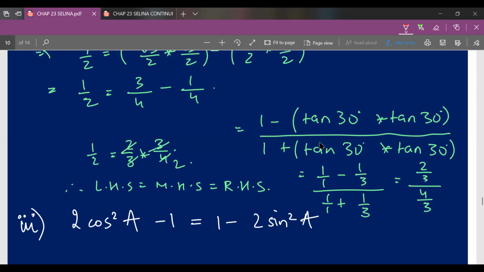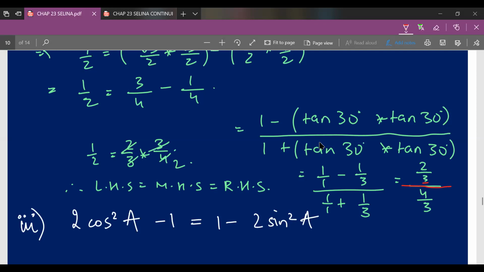So therefore this can be calculated as, the LCM is different, so the LCM will be 3. The denominator is same, so the LCM will be 3 over here. We'll solve the numerator of this big fraction and we'll get 2 upon 3, and our denominator will be 4 upon 3.